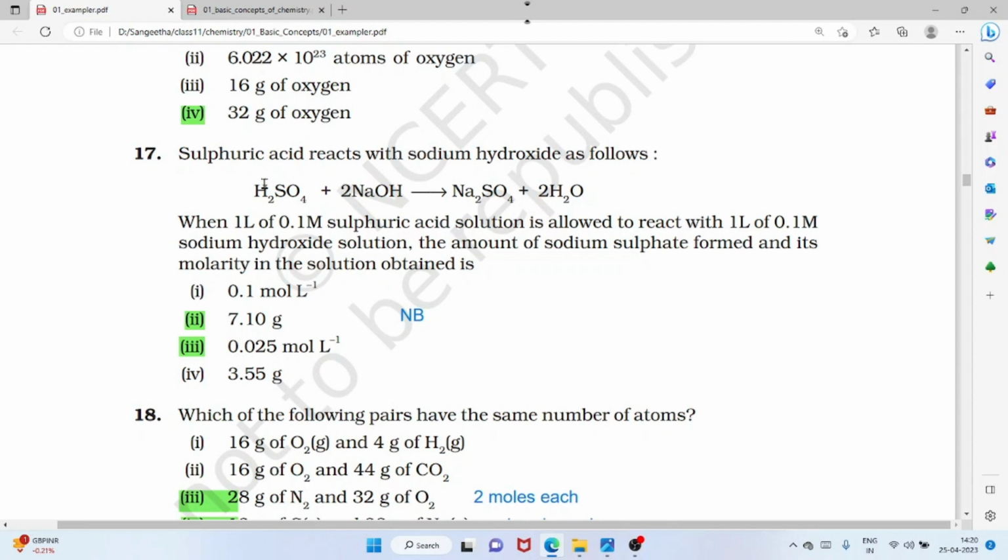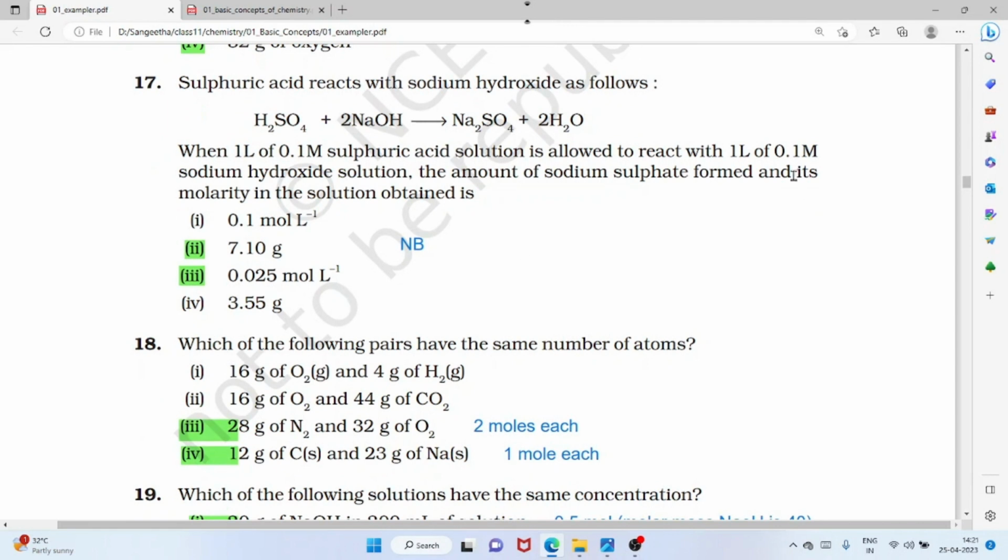Sulfuric acid reacts with sodium hydroxide. When 1 liter of the 0.1 M sulfuric acid solution is allowed to react with 1 liter of the 0.1 M sodium hydroxide solution, find the amount of the sodium sulfate formed and the molarity of the solution.